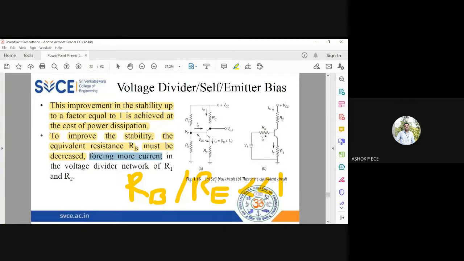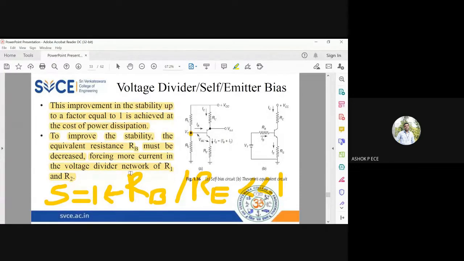So you have to have more current in the voltage divider of R1 and R2. If RB has to be less, current has to be more because voltage is fixed. So that is the checkpoint we have here. To improve the stability, the equivalent resistance RB must be decreased so that S becomes equal to 1. When the RB value decreases, the stability factor S becomes equal to 1.